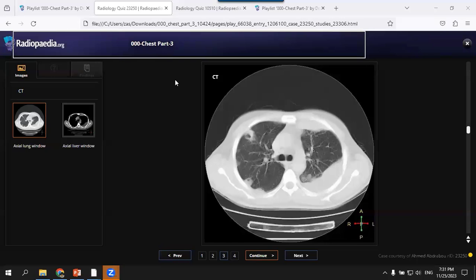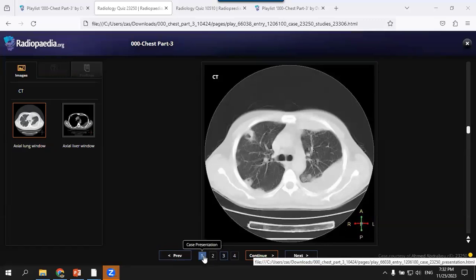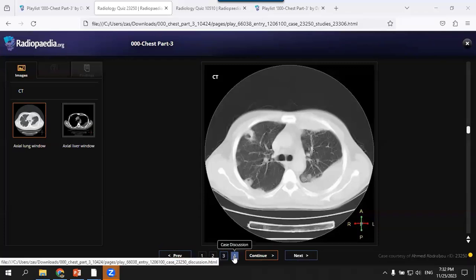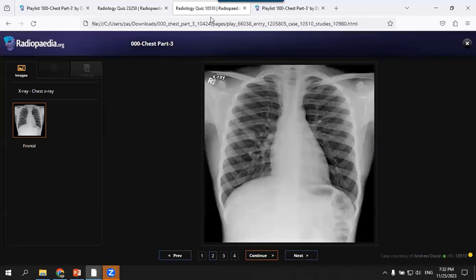Another differential, if the patient is acutely unwell, could be septic pulmonary complications, and I will correlate with the patient's history after reviewing previous images. Good. This is also heroin. Okay, they love heroin in Radiopaedia.